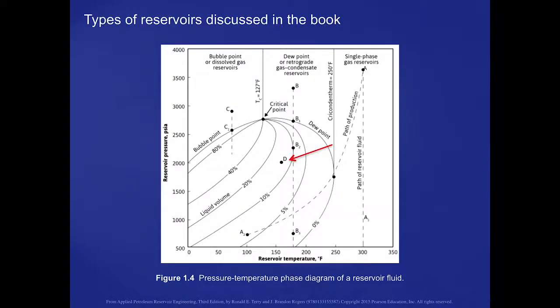The fourth type of reservoir that we find is one at point D, which is inside the phase envelope. And this will have typically a liquid hydrocarbon and a gas cap associated with it.